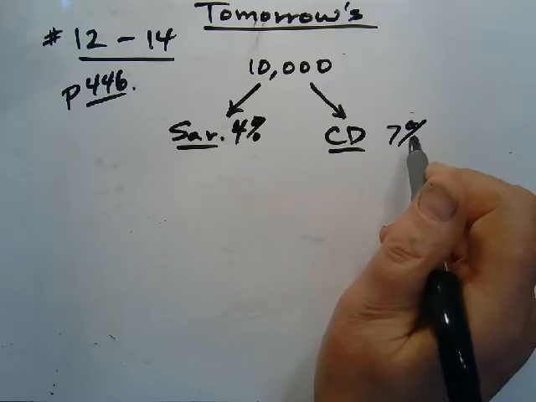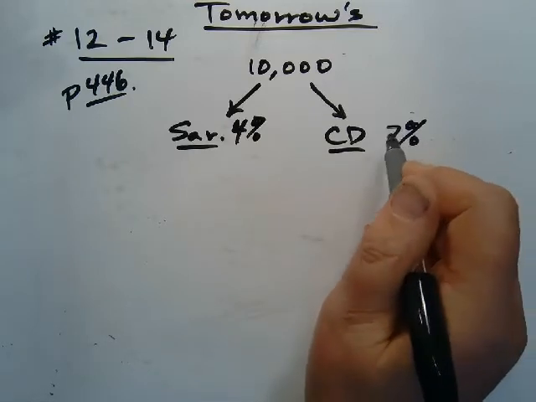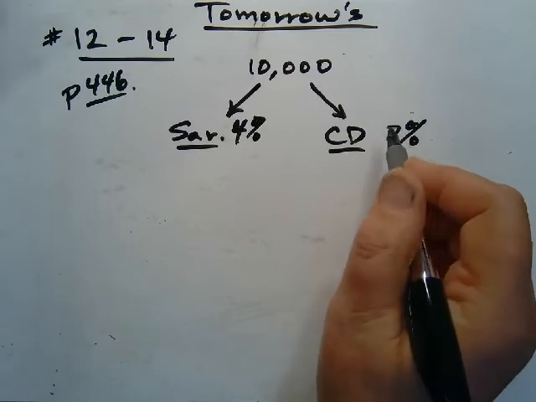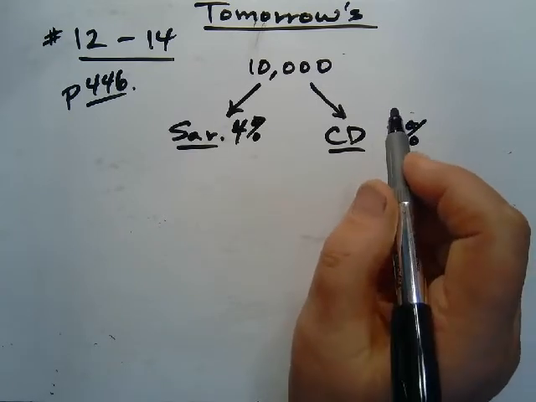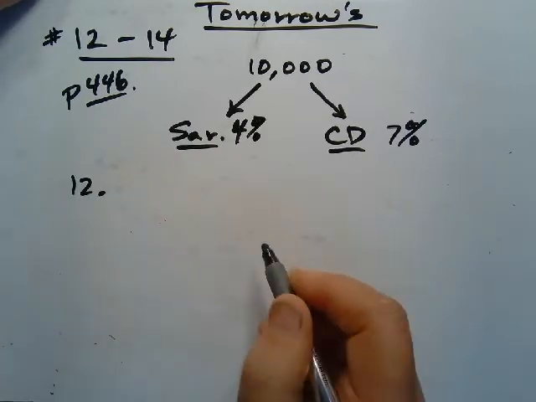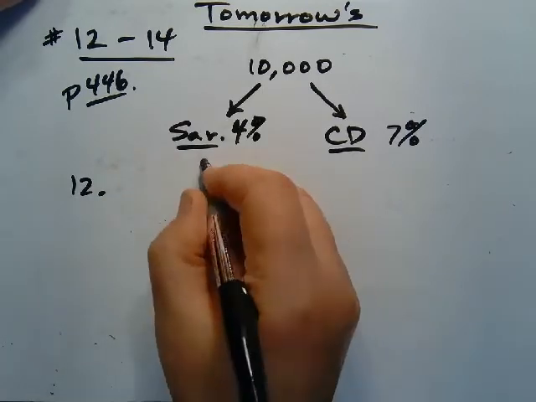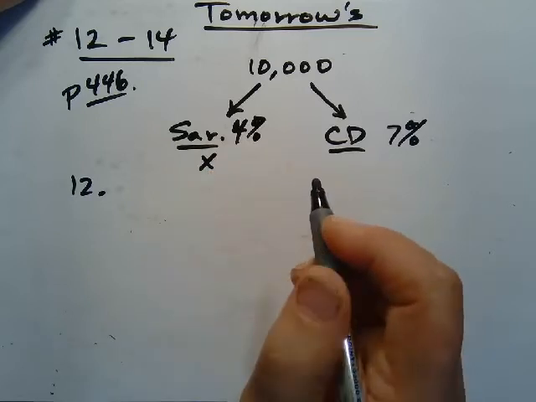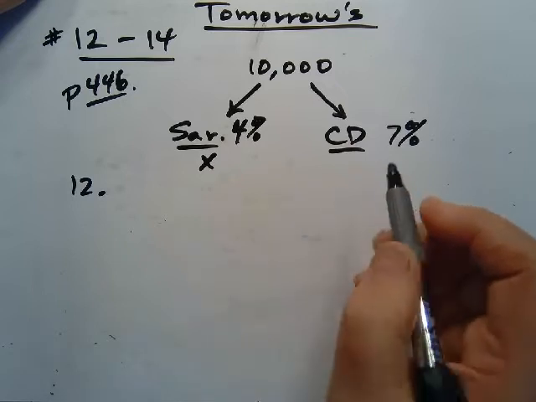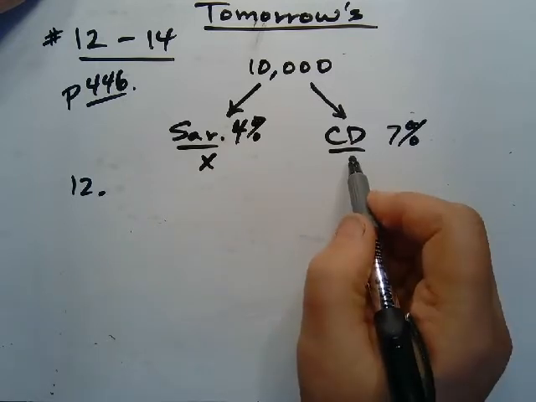The CD is paying higher because she had to leave the money in there for a particular period of time, like 6 months or a year or something like that. Now, number 12 says, if Kenzie put X dollars into her savings account, write an expression to represent the amount in the CD.